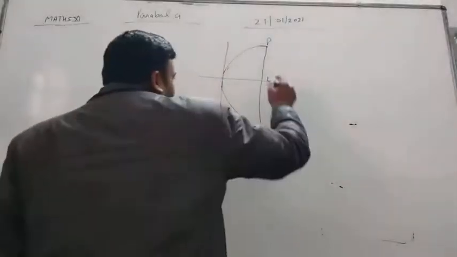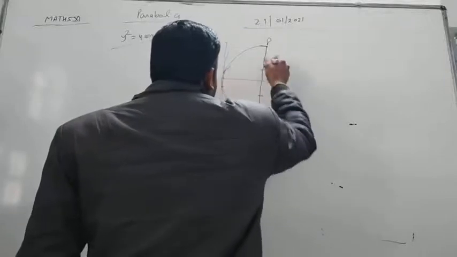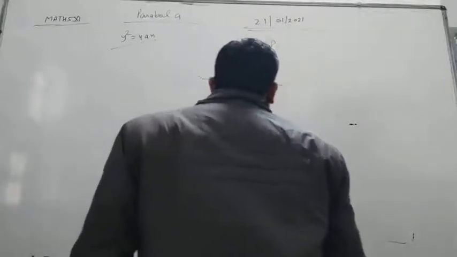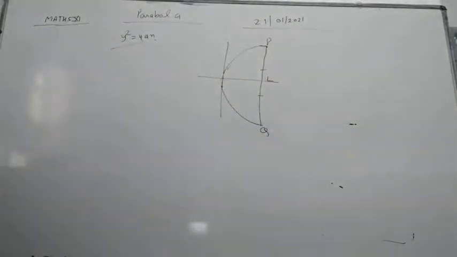We have to find the locus of its trisection, meaning these are the 3 equal parts. So these are the 3 equal parts, student.